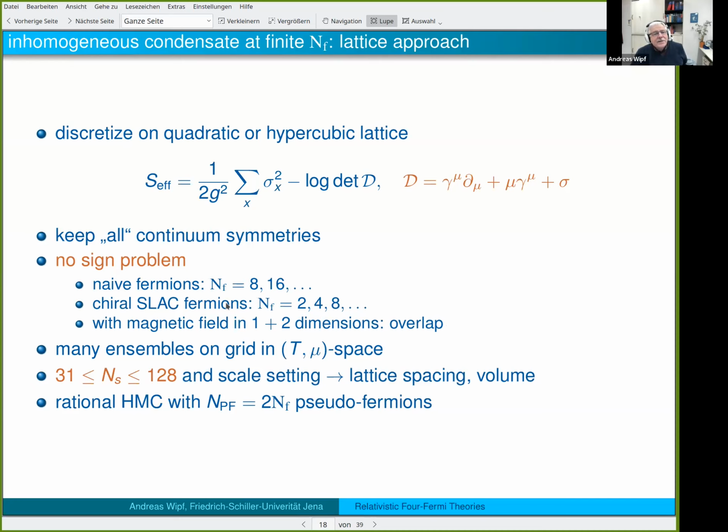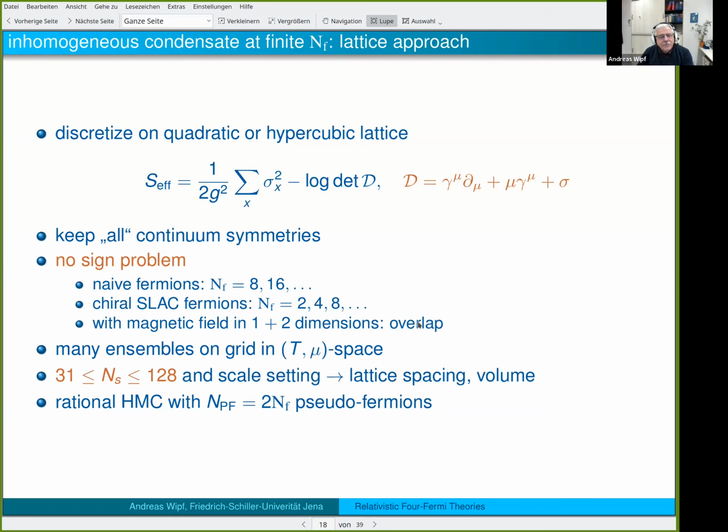And sometimes if you just take the number of flavors to be a multiple of 8, then you can take even naive fermions, which have doublers, but then you just describe more flavors than you may like to describe. Okay, so all these determinants are chiral.